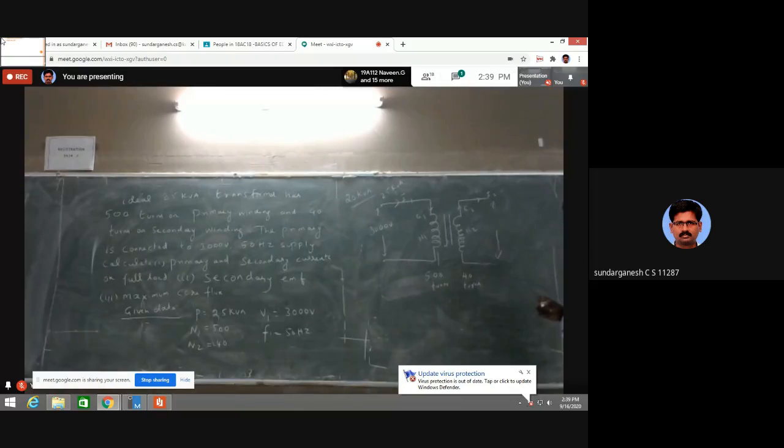Ideal 25 kVA transformer, V1 is 3000 volts. Frequency is 50 hertz, so you write the frequency separately.